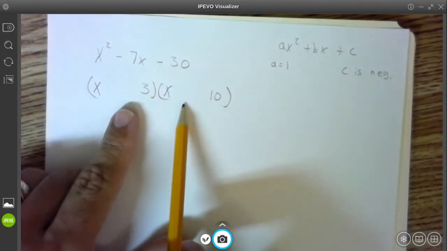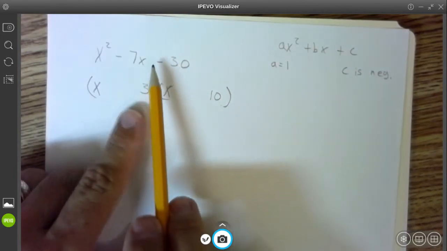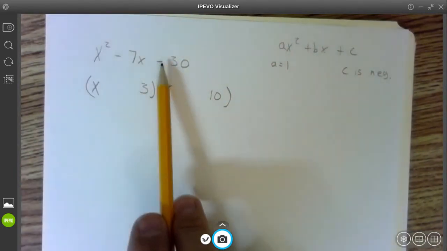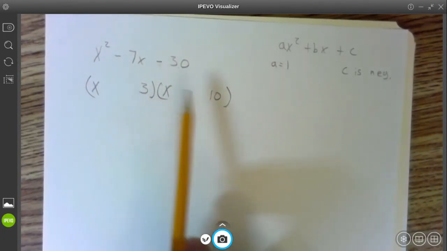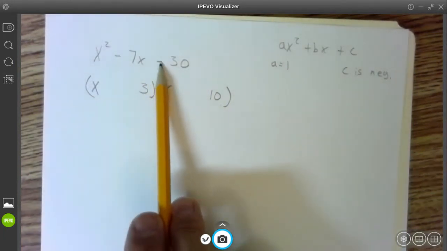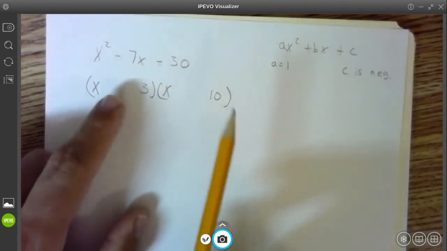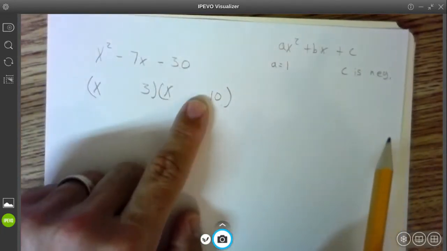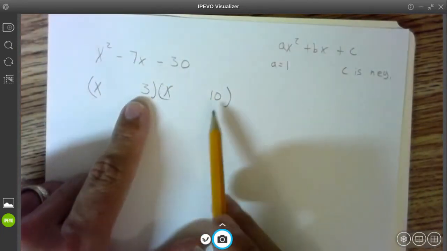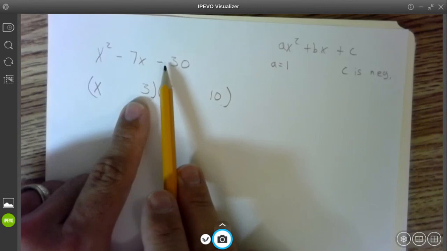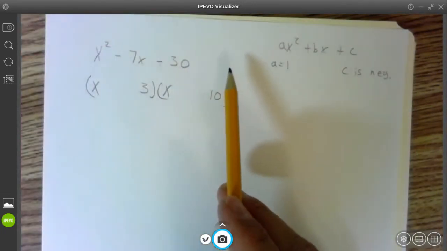So they're going to subtract to give us 7. But this time, instead of it being the same signs, like last time when it was a plus sign, that told us that these numbers are going to be the same signs. But because this 30 is negative, one of these numbers has to be positive and the other has to be negative, because the only way that you can multiply two numbers and get a negative 30 is if they have different signs.